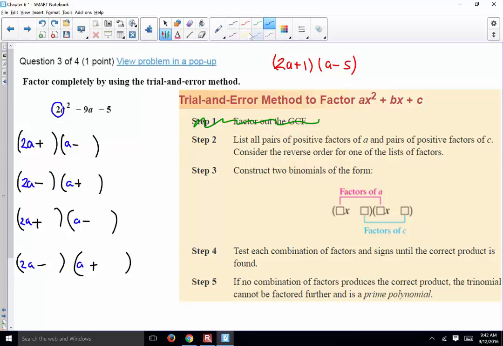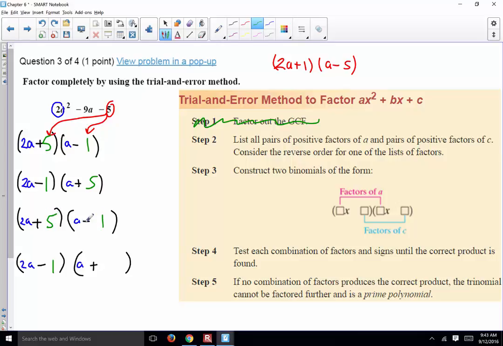All you need to do is now break 5. What two numbers break into 5? Guess what? 5 and 1. 1, 5. 5 and 1. No, they happen to be the same. This one is 1.